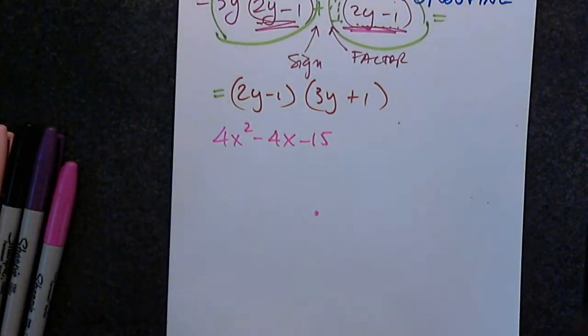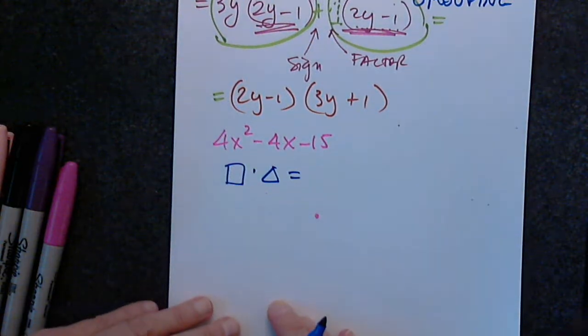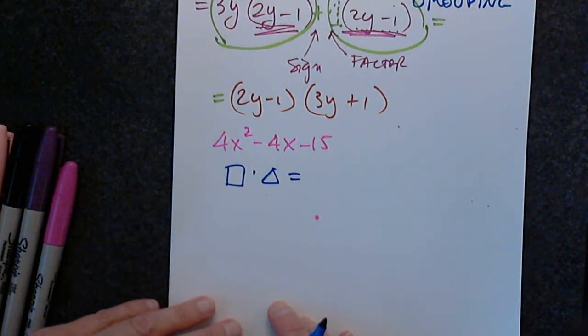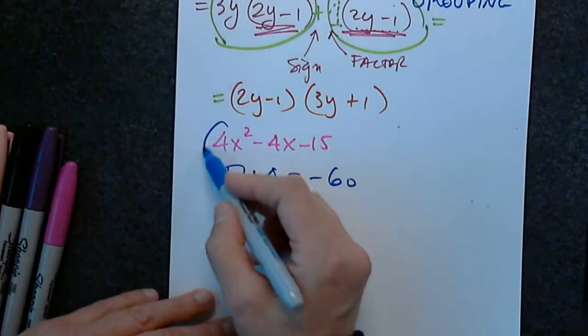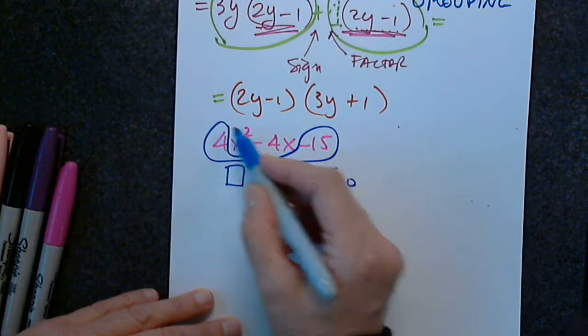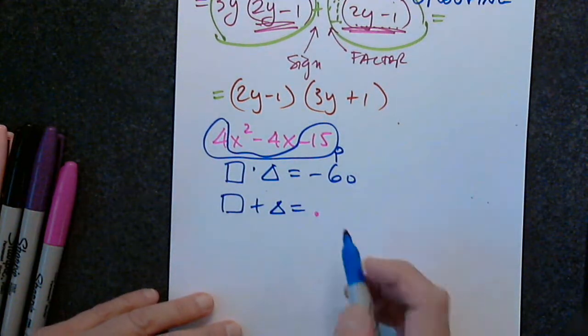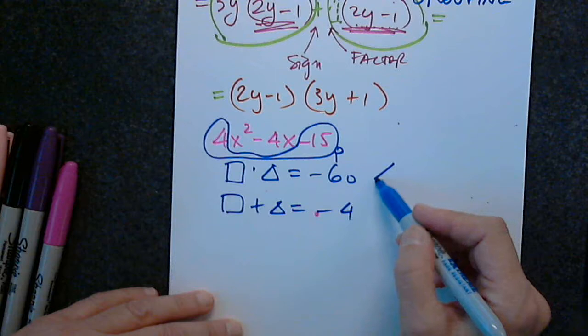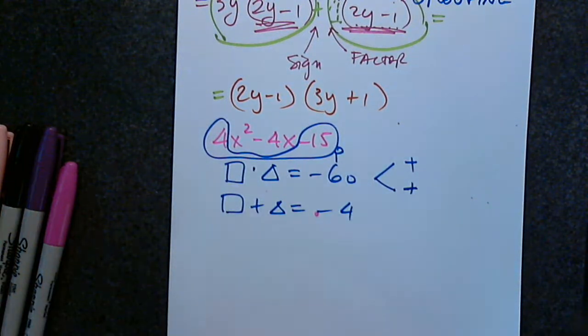Okay, so then I'm looking for two numbers whose product is exactly 4 times negative 15. This is the product, indeed. And whose sum is excellent. Remember, the product is negative, so we are looking for a positive and a negative.